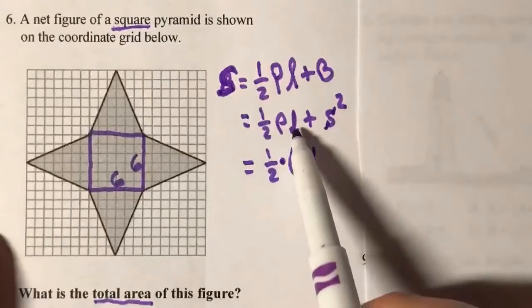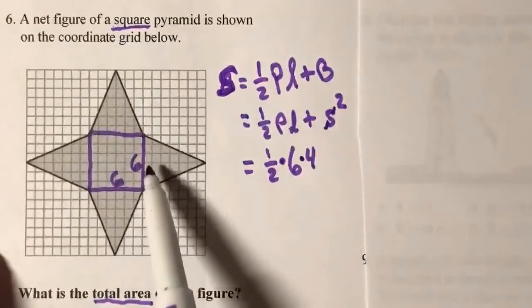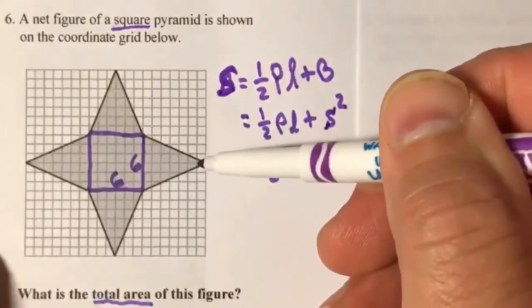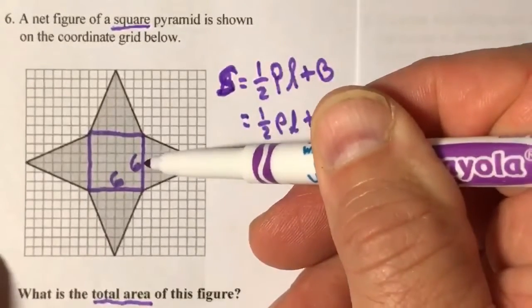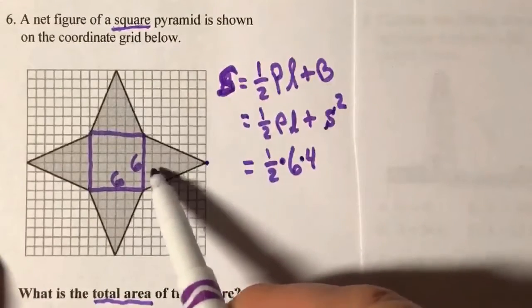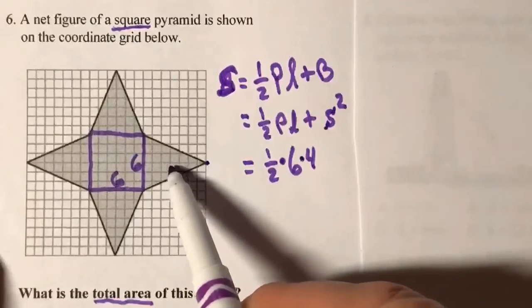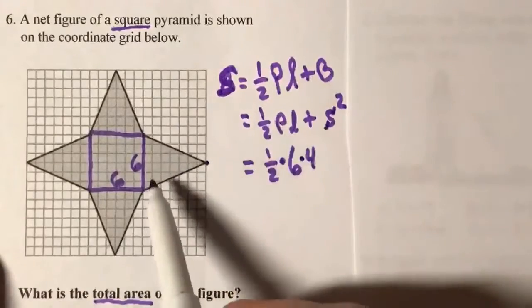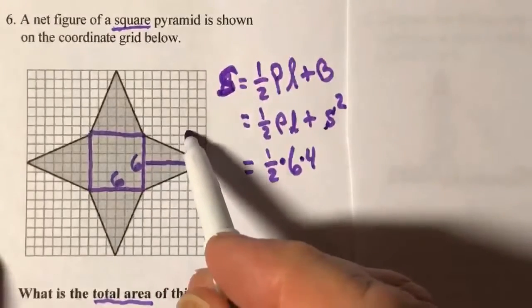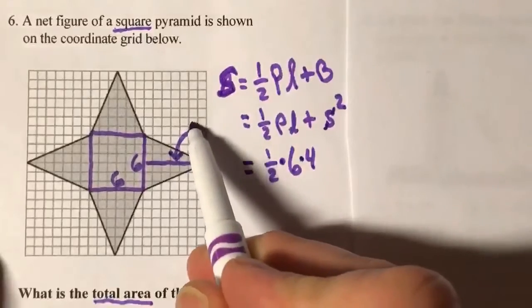Go ahead. 2 times the slant height, and the slant height is the height of the triangle. So we want to go over to the tip here and go to the base edge. I count the squares in between. So that's going to be 1, 2, 3, 4, 5, 6, 7. So my height of this triangle is 7.